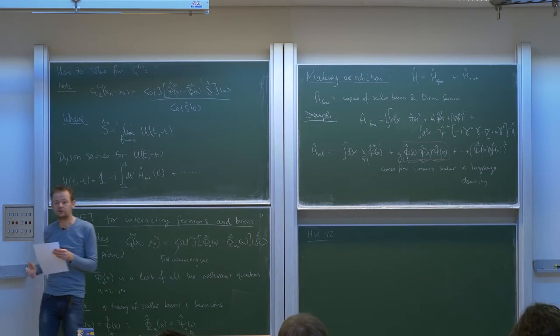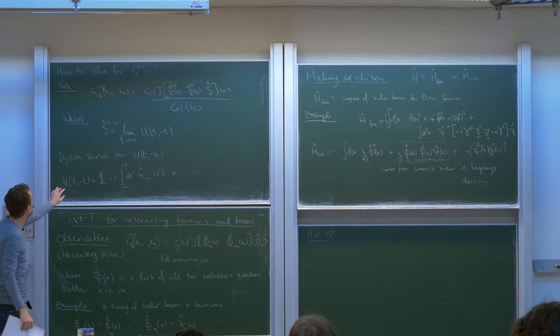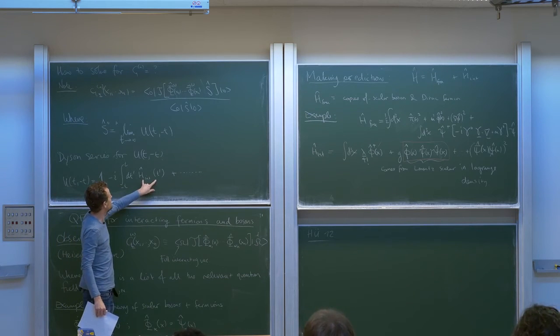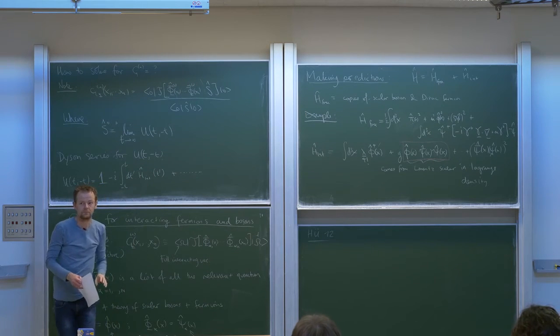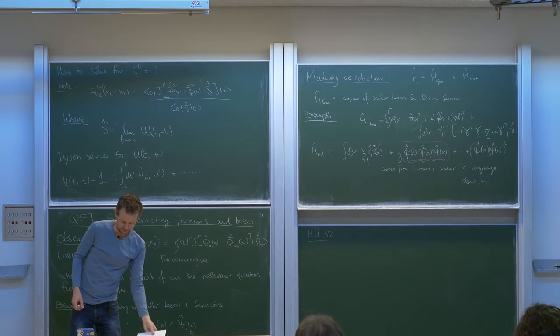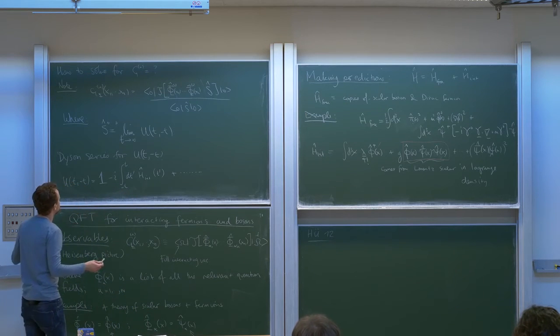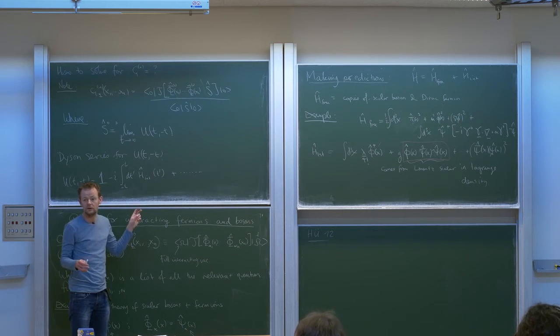So we get this infinite series of the interacting term and the Hamiltonian evolved in the interaction picture according to the free propagator. And then at that point, we've reduced our problem to summing up an infinite series of progressively more difficult terms.